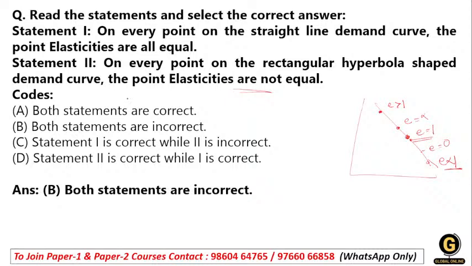So the first statement is false. On every point on the rectangular hyperbolic shaped demand curve, point elasticities are not equal is also false. Actually, both statements are just opposite to each other. In the straight line, point elasticities are not equal, but in the rectangular hyperbola, the point elasticity is equal.